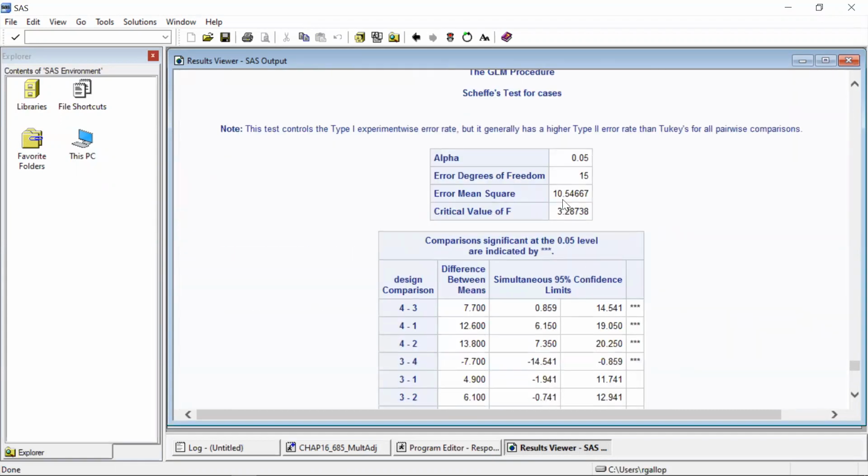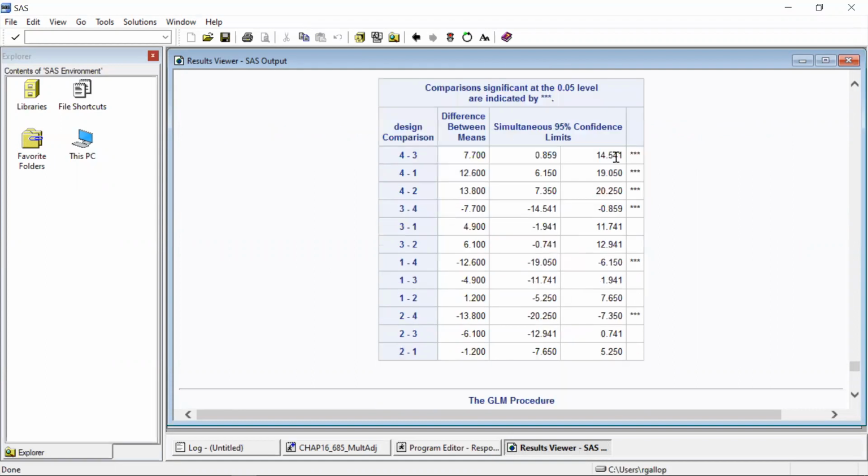Here comes the Scheffé. Here's all the information with the Scheffé. So again, the 4s are separating. But with the Scheffé, the 95% multiple adjusted confidence interval ends up being 6.15 to 19.05.